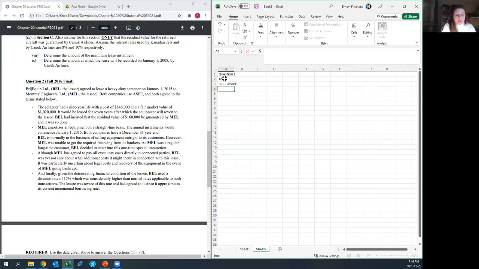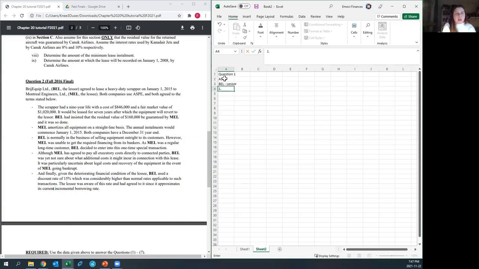Are they certain that they're going to receive the payments from the lessee? And do they know their future costs to be incurred? Now, we're going to look at them first, because if these 2 are not fulfilled, we don't care about the other 3. Because if these 2 are not fulfilled, it's going to be an operating lease.